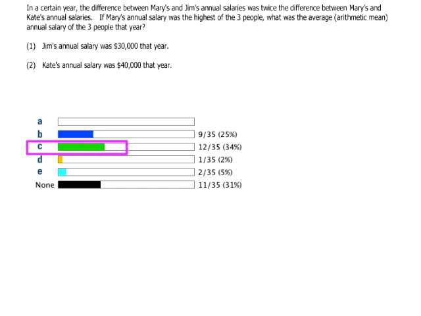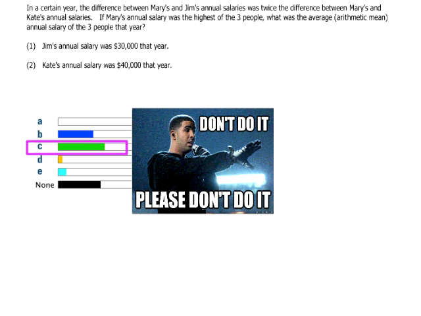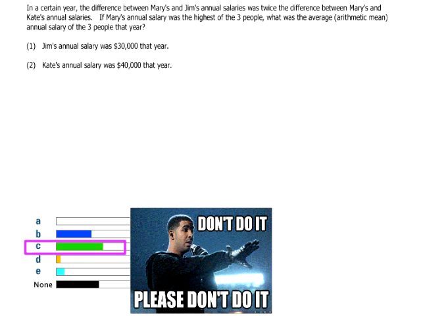Here is what Drake has to say about that answer choice. Drake says, don't do it. Please don't do it. Let's have a little heart-to-heart about choice C here, and while we're at it, about choice E.